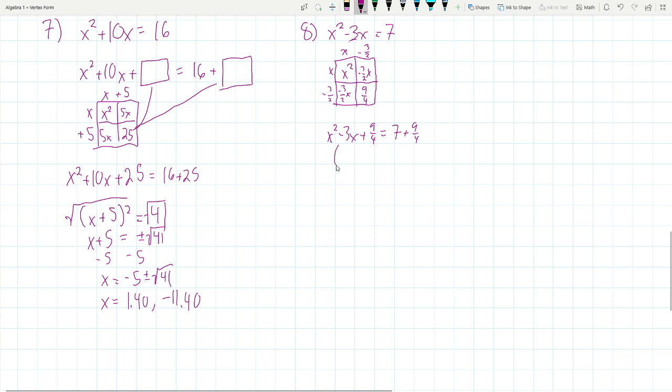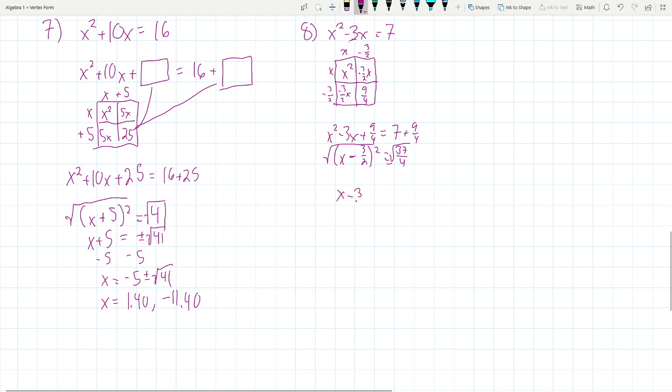I can go ahead and factor this, and so I get that x, oops, not plus, minus, x minus 3 over 2 squared equals, it's actually easier if I just switch it all to this, so 37 over 4. Now I can start to solve. I do the square root, do the square root.